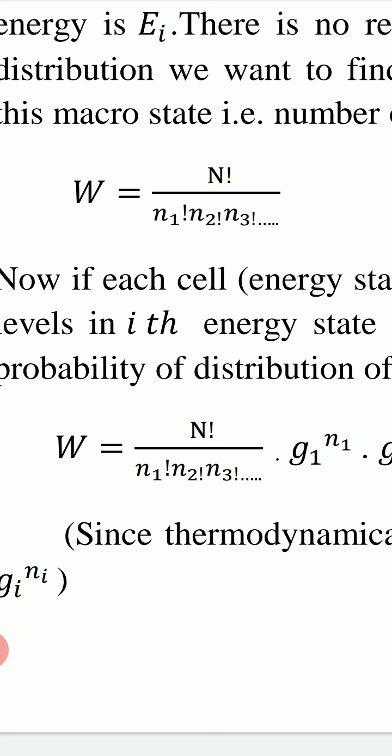Then for this distribution, for this macrostate, the number of microstates is given by this formula, and this number of microstates is known as thermodynamic probability, and we write it by capital W. So W, the thermodynamic probability of this type of macrostate, is given by this formula.